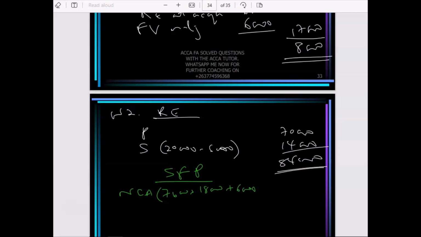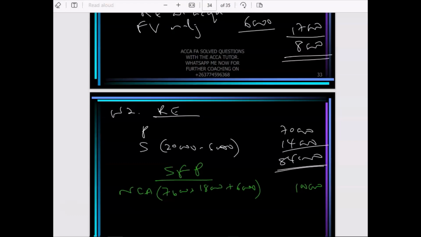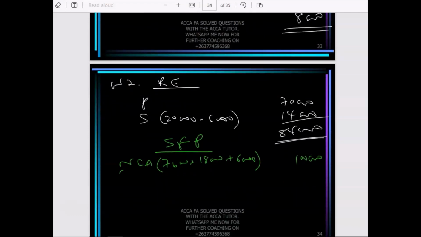Remember the fair value, and we get 100,000. Don't forget the fair value uplift. Then include the goodwill. The goodwill is calculated in working number 1. We determined the goodwill as $8,000. Don't forget that.